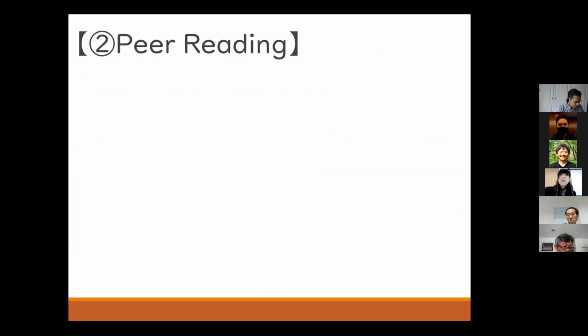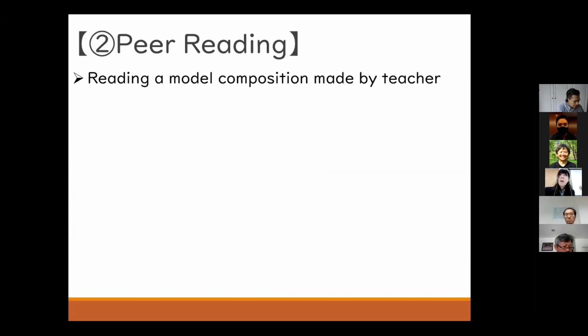And next, I introduced peer reading with the jigsaw method. First, the teacher corrects students' mistakes and creates four model essays written by a fictional character, not a real student.